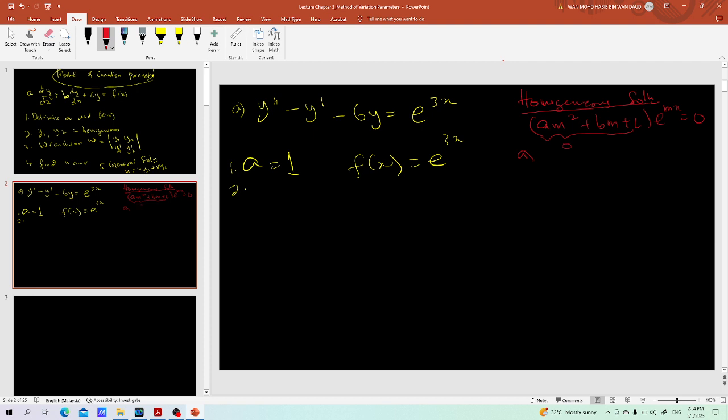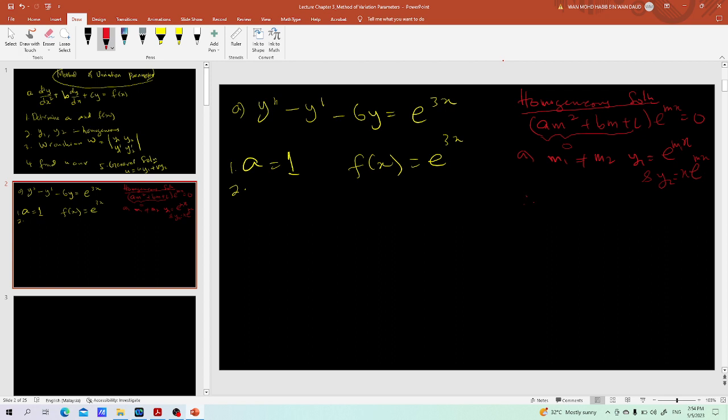So to find these roots, if m1 not equal to m2, then y1 equals e m1 x and y2 equals e m2 x.